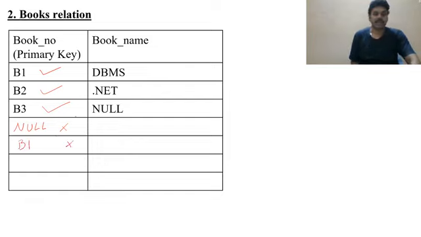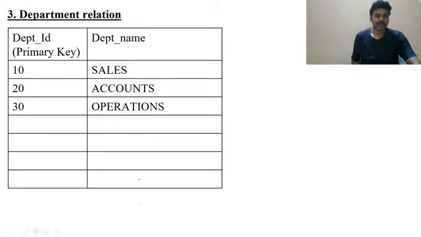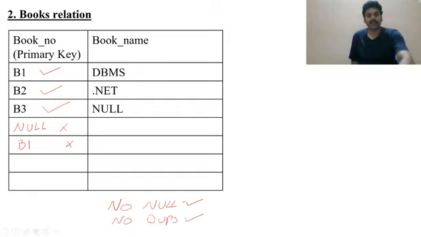Well, friends, I hope you understood the main purpose of primary keys: you cannot give null values, and you cannot give duplicate values. This is all about primary key.